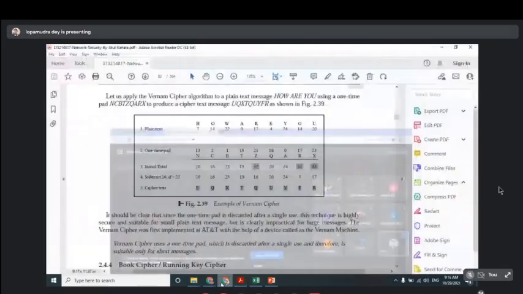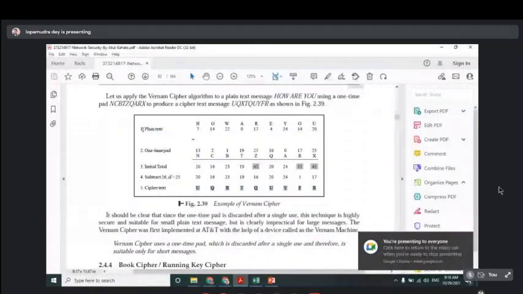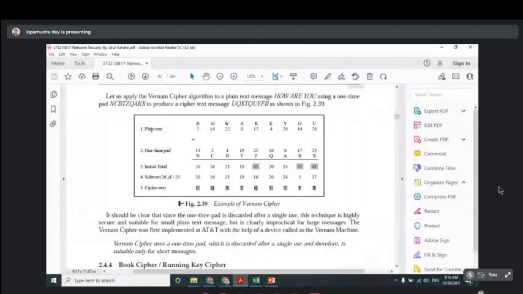In the case of the Vernam cipher, these are the 5 steps. First of all, write down the plaintext as its positions. Then consider one key of the same size; you can randomly generate a same-size key. The key positions will be replaced by the corresponding digit positions.